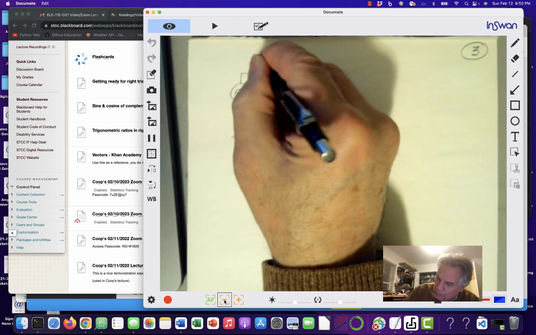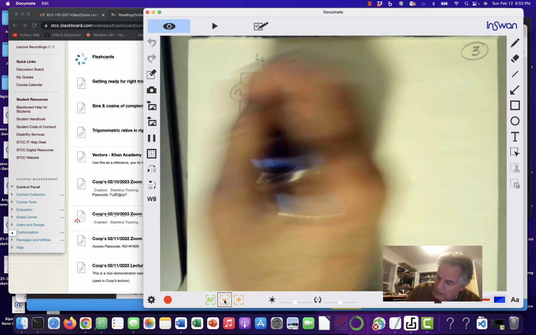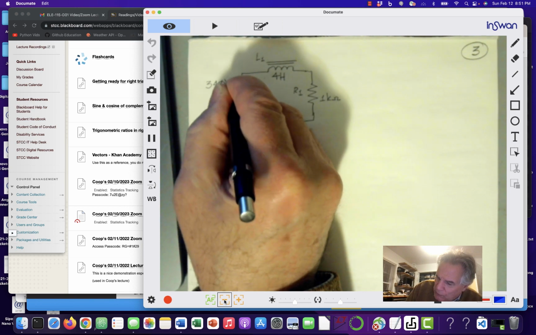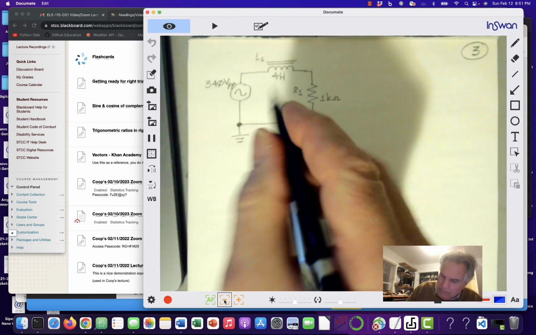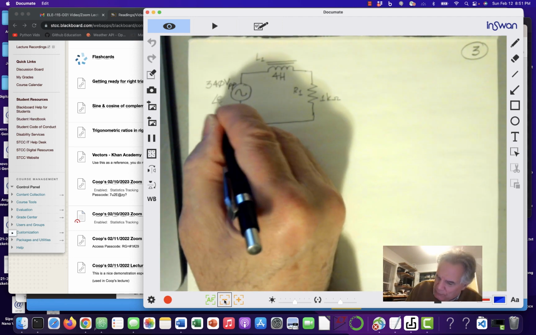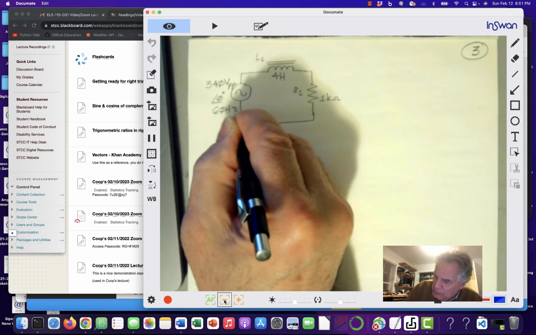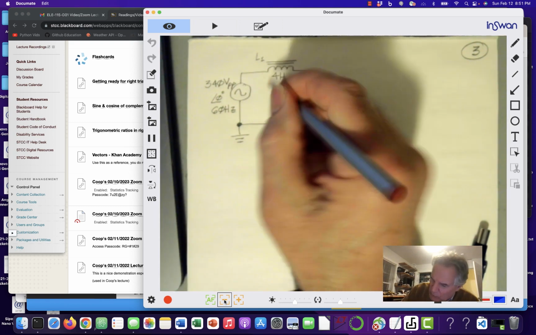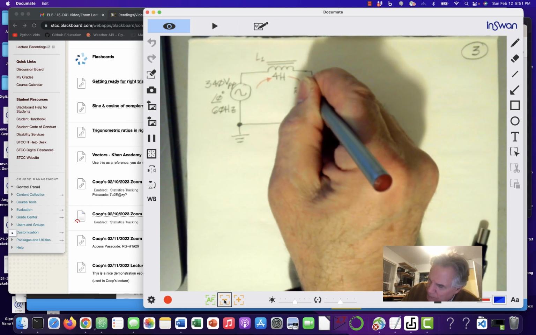L1, 4 Henries. And this source was 340 volts peak to peak at 0 degrees, and it was 60 hertz. Okay, so now we know the total current. We know the current that flows here.